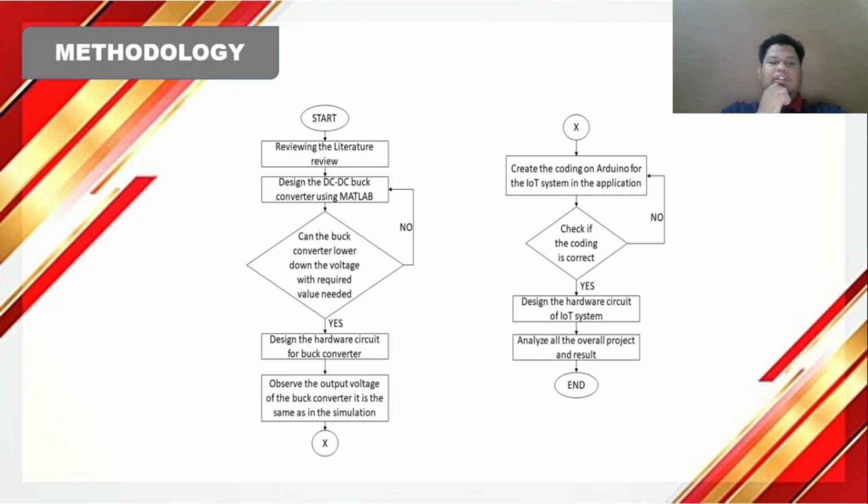And if it requires lowering the voltage, I go to the next step, which is to design a wired circuit for the buck converter. So I observe the output voltage of the buck converter. It is the same as the simulation.